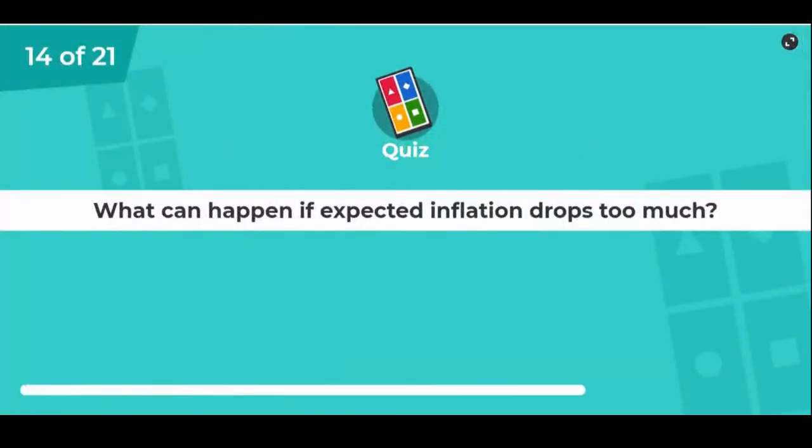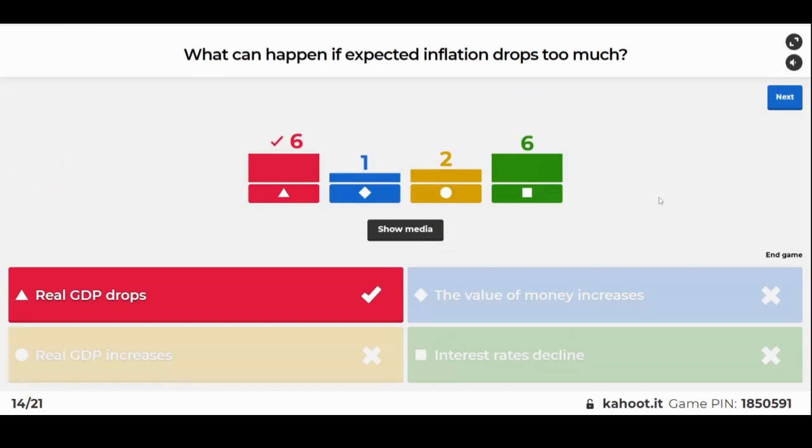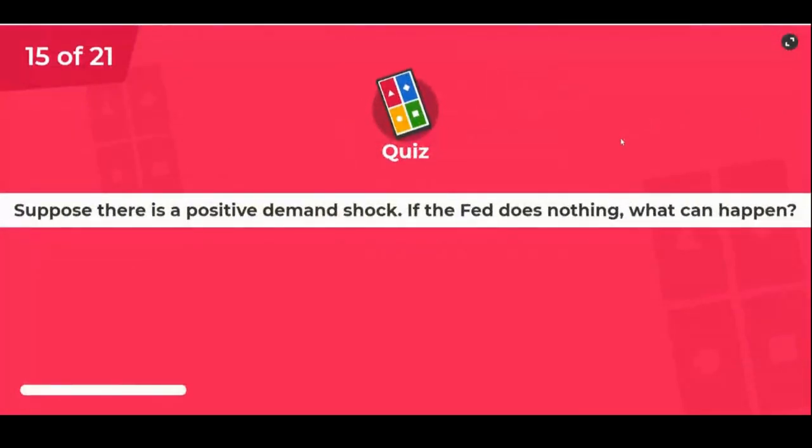What can happen if expected inflation drops too much? Real GDP drops, that's right. Interest rates will be stuck at the zero lower bound.